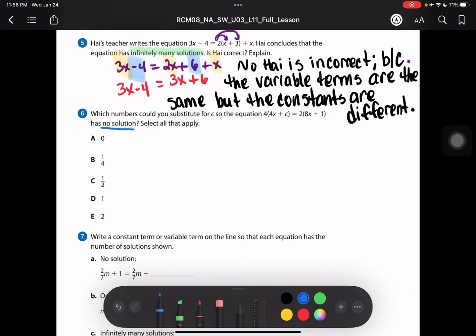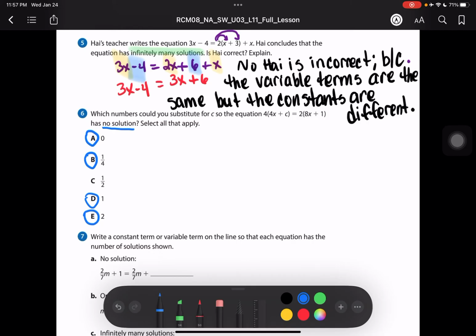So if we substitute and solve, for our constant terms to be different, if C was 0, you should have 0, 1/4, 1, and 2.